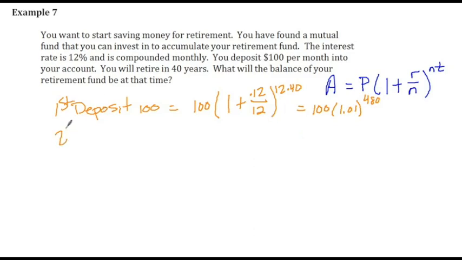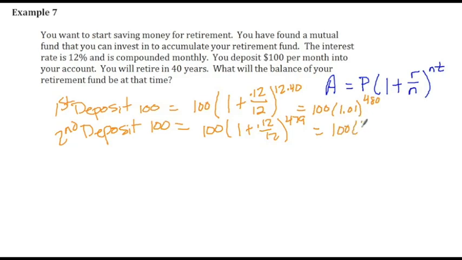Okay. The second deposit of $100, it would sit in there almost the same amount of time, right? But instead of all 480 months, it's only going to sit in there for 479 months because you waited 1 month to put that in. So obviously that is 100 times 1.01 to the 479.